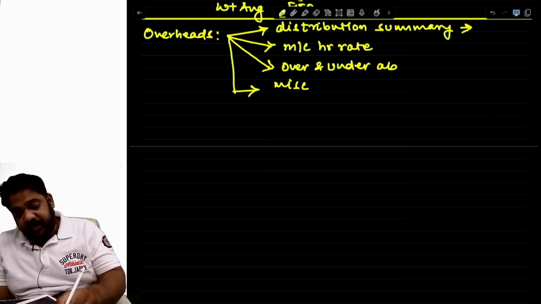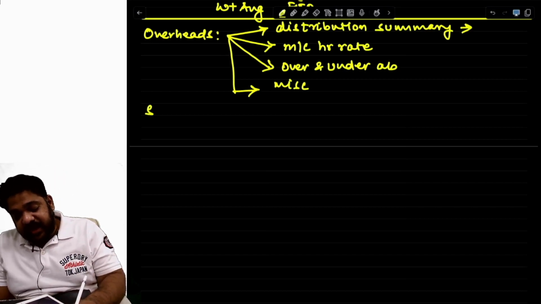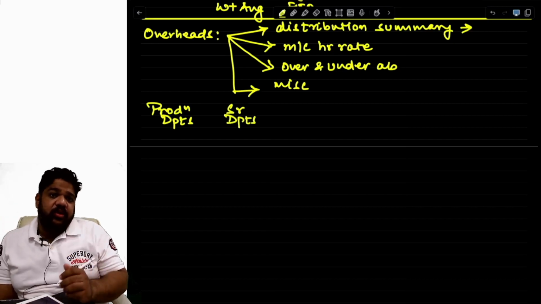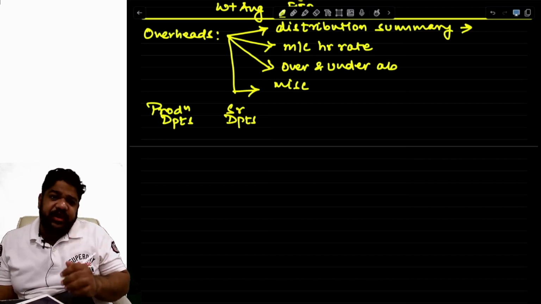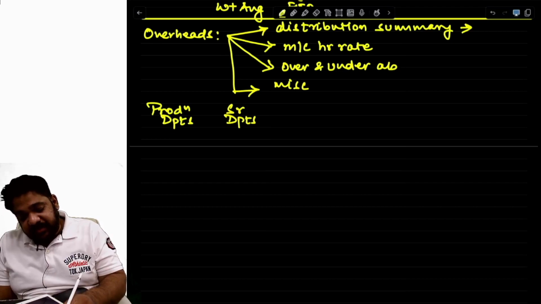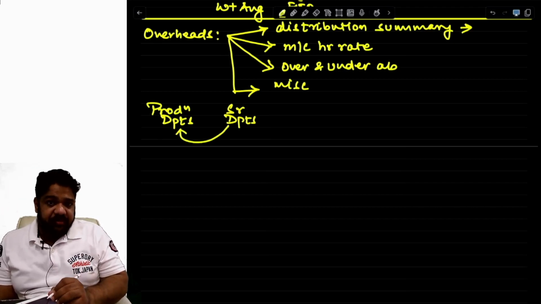Distribution summary is where you are categorizing the production departments and service departments as two different departments. Now, what is the production department? Where the production is happening. What is the service department? The service department's job is to service the production departments.